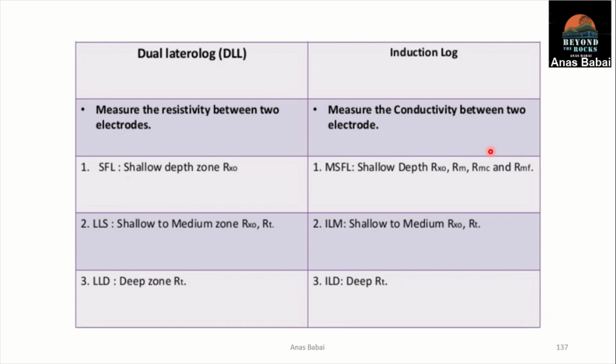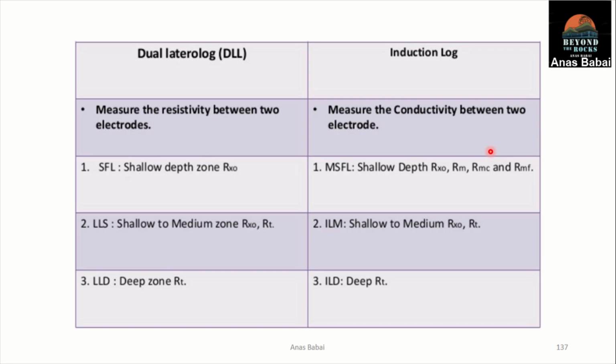As we said, if we recall the information that we have about resistivity tools, we talked in detail about the types of resistivity tools. We said that we have two types: we have the Laterolog, and we have the Induction log.